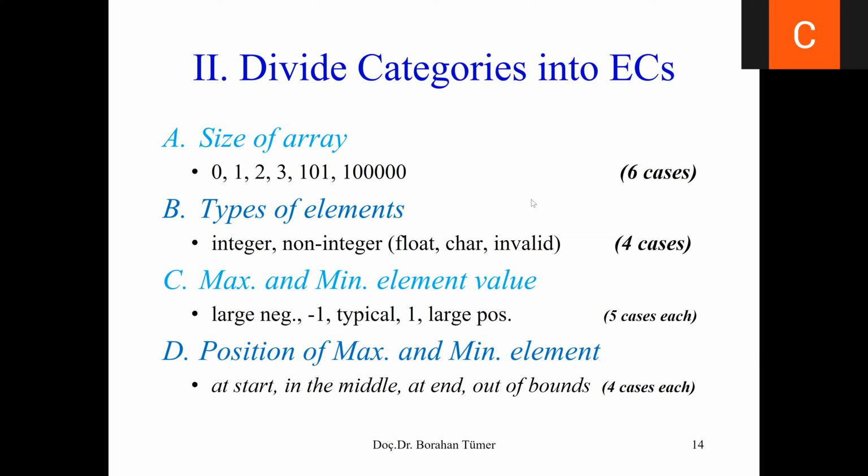And well, assuming that these are the numbers of equivalence classes at each input category, what would be the total number of test cases for the black box testing I need to apply?